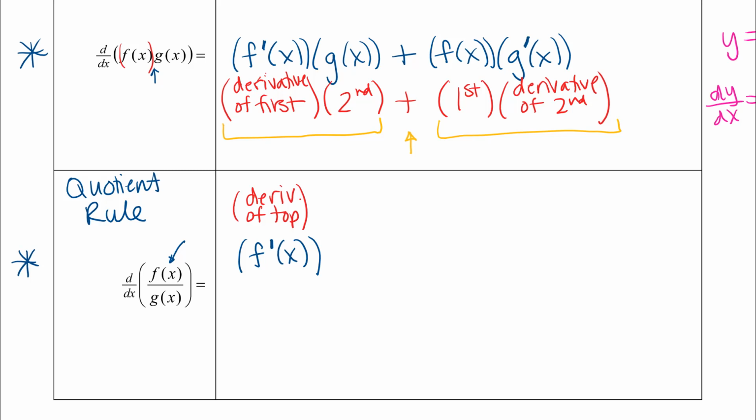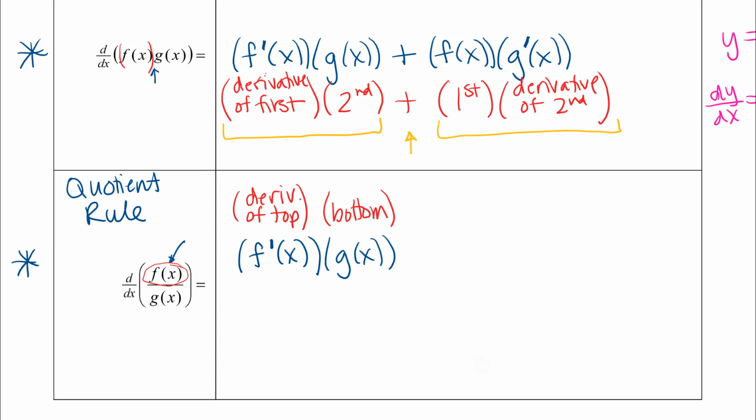And then that's going to be times just the bottom function, not the derivative of the bottom function, just that bottom function. Or like in the previous product rule, I talked about first and second functions, and that kind of works here as well. The first function being the top one, the one you see on the numerator of this fraction. Derivative of the first function, or the top, times the bottom.